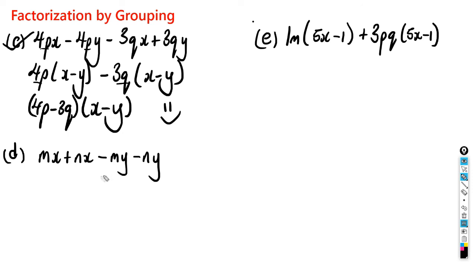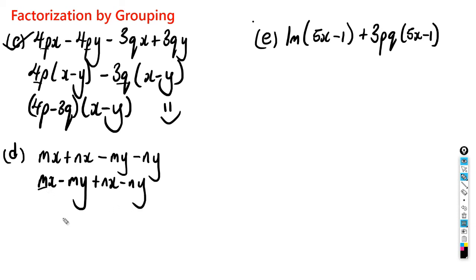So now let's look at this one here. We have mx plus nx minus my minus ny. So the first thing we want to do here, guys, is group the like terms. So mx minus my, right? We want to put the m's together. And we have plus nx minus ny.